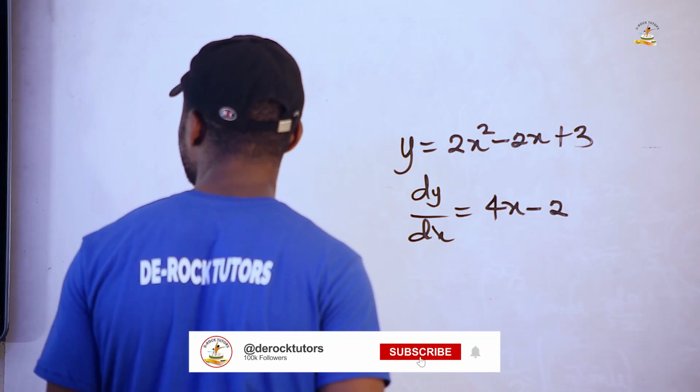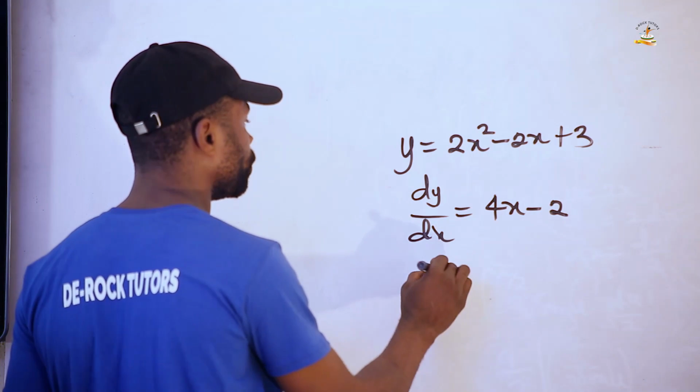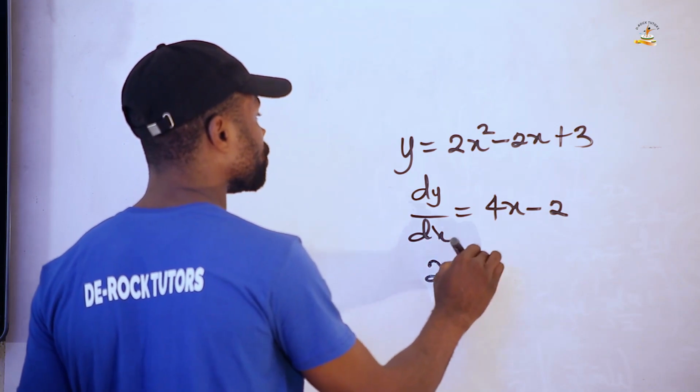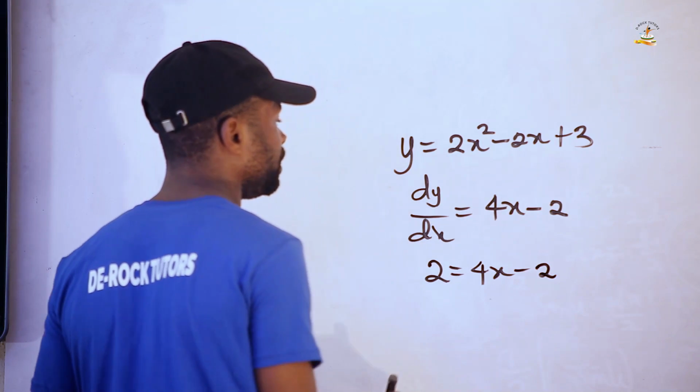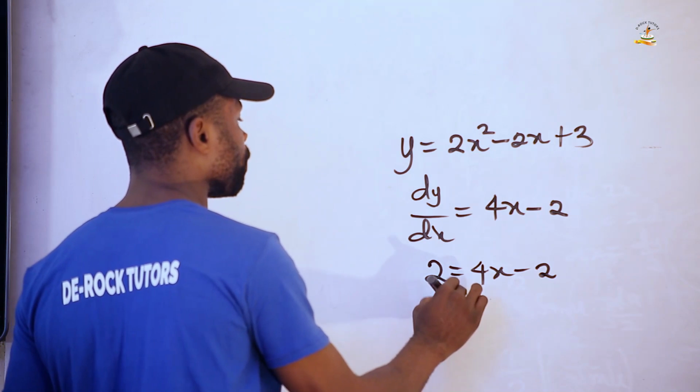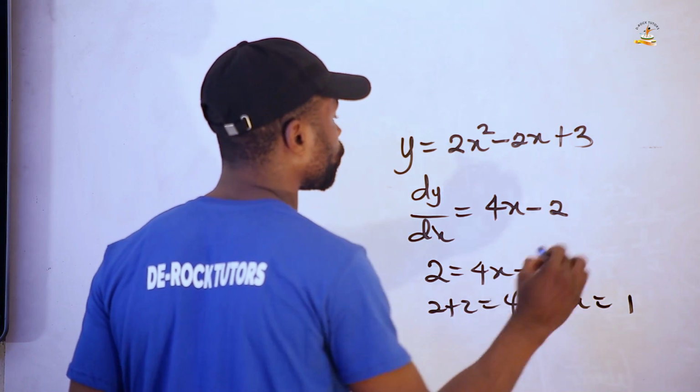Since the gradient is 2, it implies that our dy/dx is 2. We now have 2 is equal to 4x minus 2. In this case, 2 plus 2 is equal to 4x, and x is equal to 1.